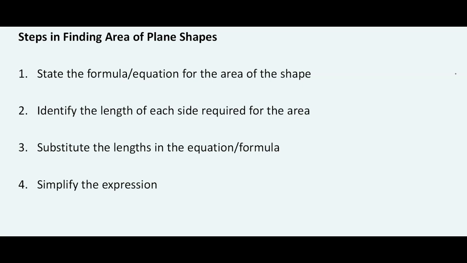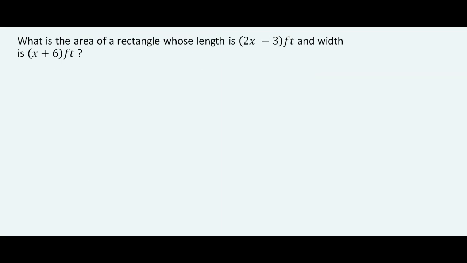So now let's go ahead and apply this. What is the area of a rectangle? I'm going to start by saying the area of a rectangle is always equal to length multiplied by width. Here we have a length of 2x minus 3 and our width is x plus 6. Now we're going to use either FOIL or the distributive property.